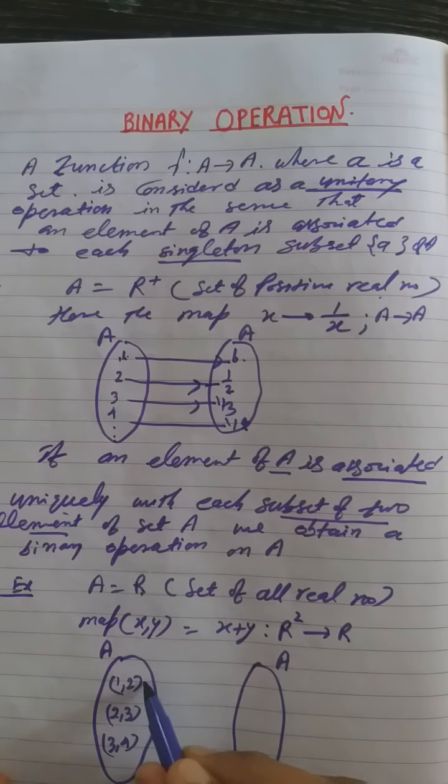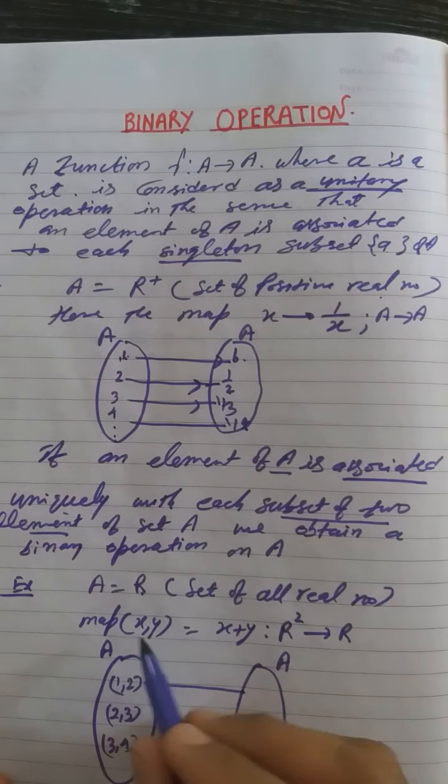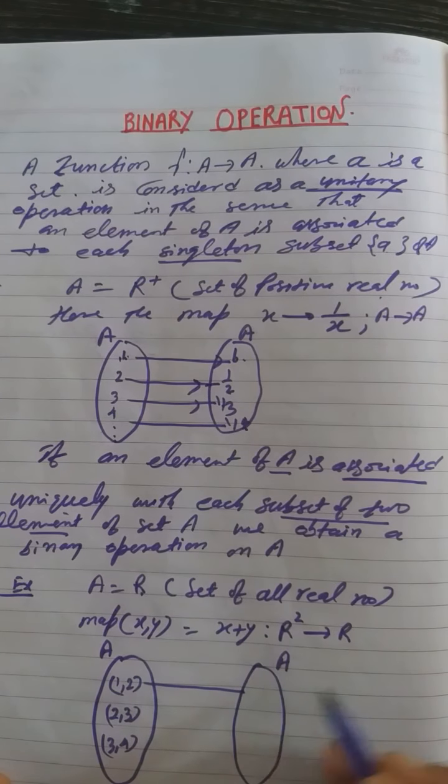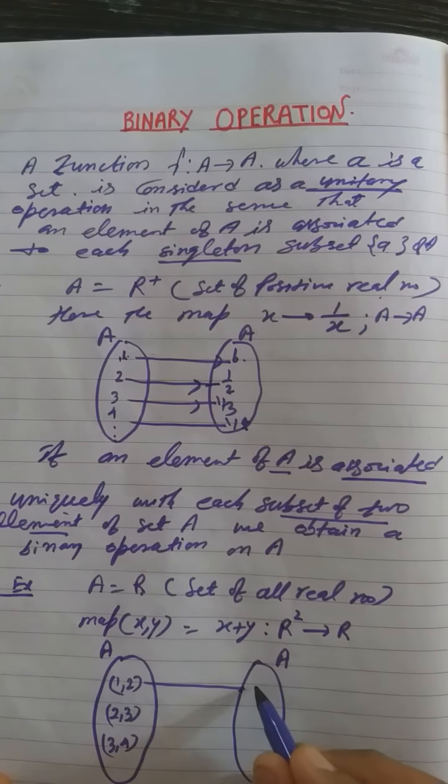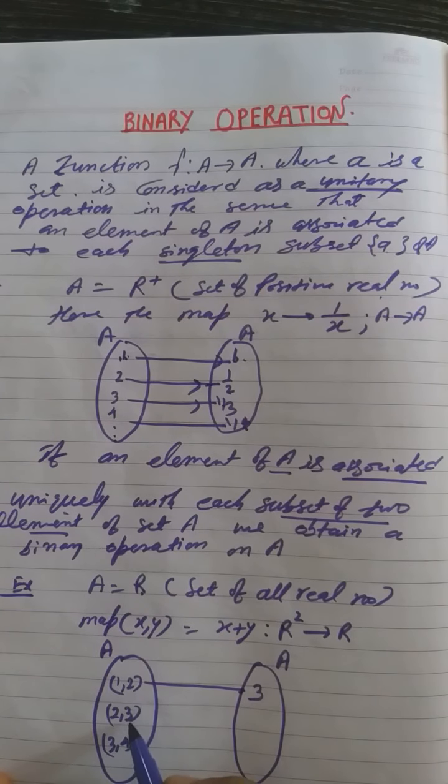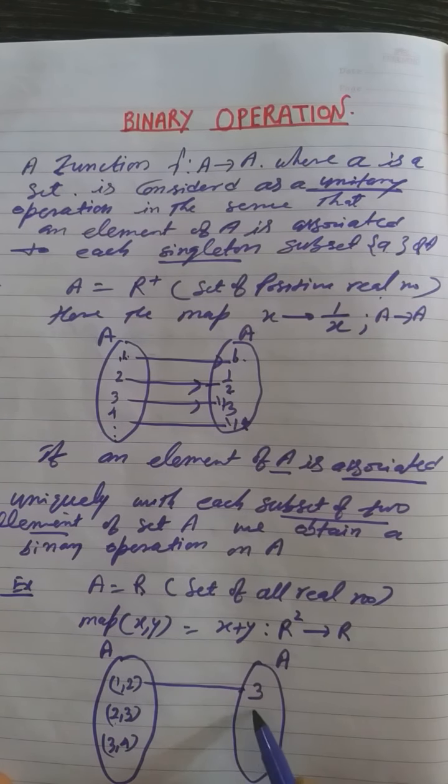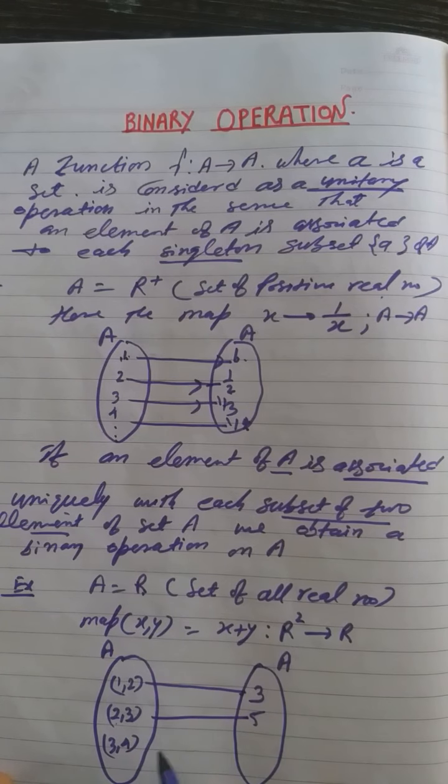The mapping of 1, 2 equals 1 plus 2, which is 3. 2, 3 gives 2 plus 3, which is 5. 3, 4 gives 3 plus 4, which means 7.